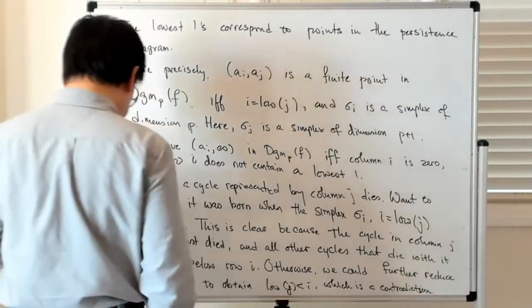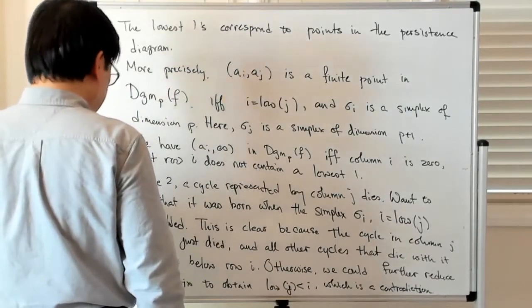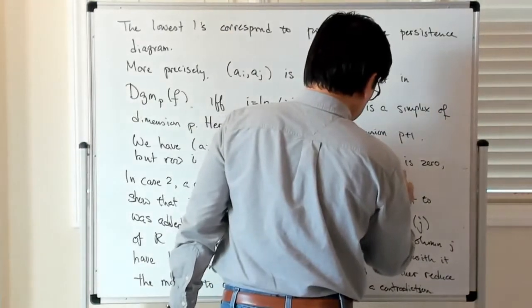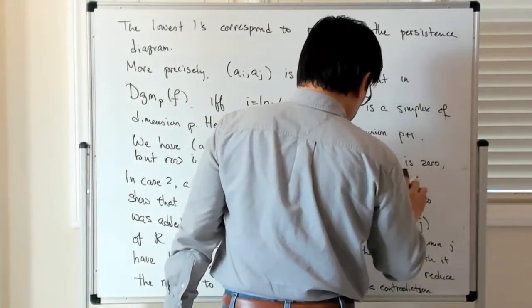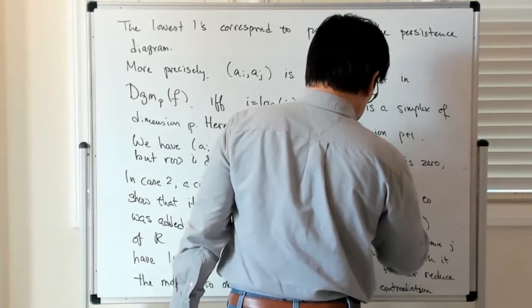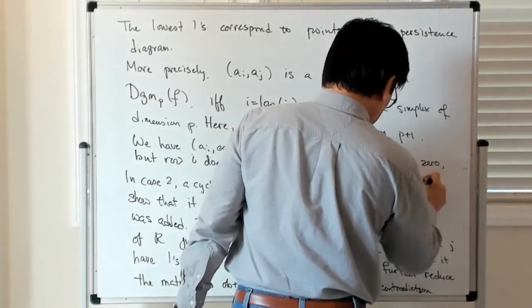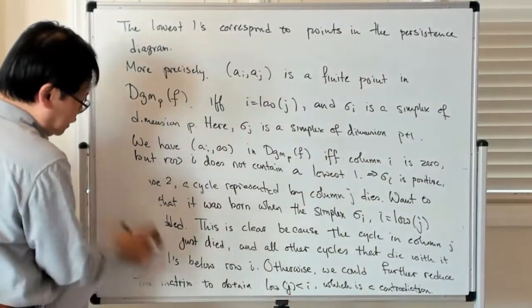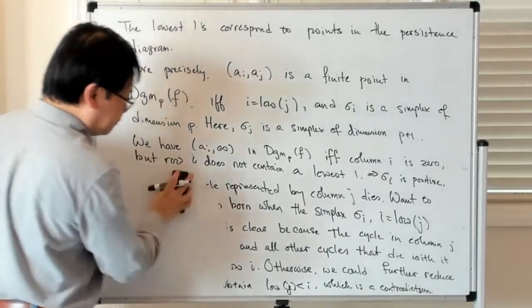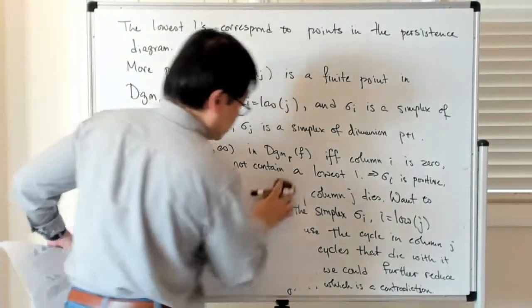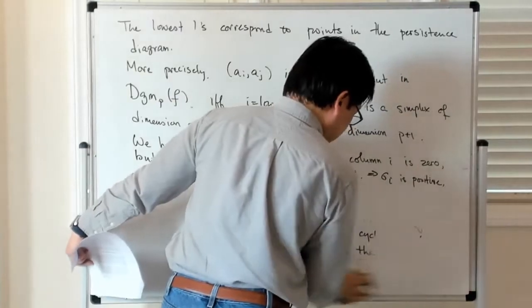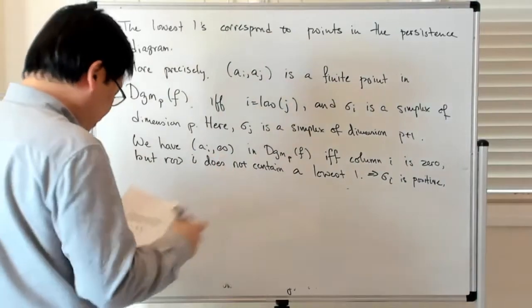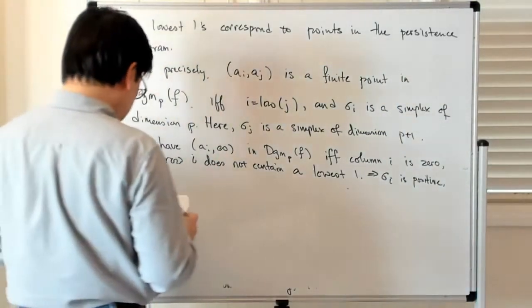This means basically that sigma I is positive, so it was created, but it was not paired with a negative simplex, which means it never died. Which is exactly what you want: a homology cycle which was created, but persists.